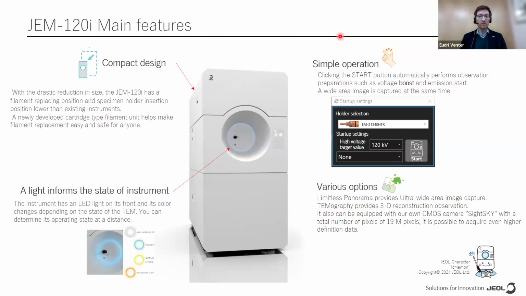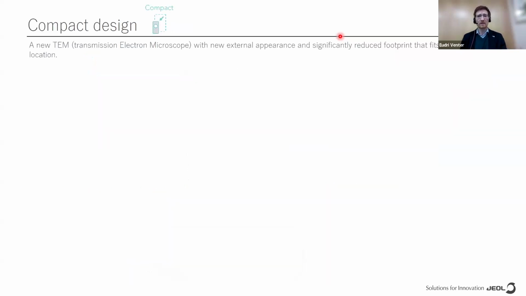And there is improved flexibility and customizability, which is realized with the extensive software and hardware additions that can be made either during or after purchase. So with the JEM-120i's compact size and simple operation, it is a useful tool for every user, and I'd like to expand on these 4 features to highlight this point specifically.